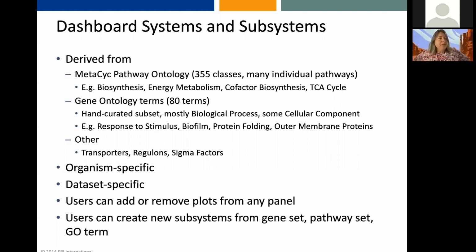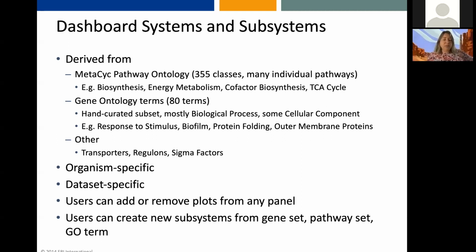So if you filtered your data set so it only contains significant genes, which is one recommended way of interacting with the dashboard, and your set of significant genes doesn't include any genes in cofactor biosynthesis, then that subsystem will not be included in the dashboard.